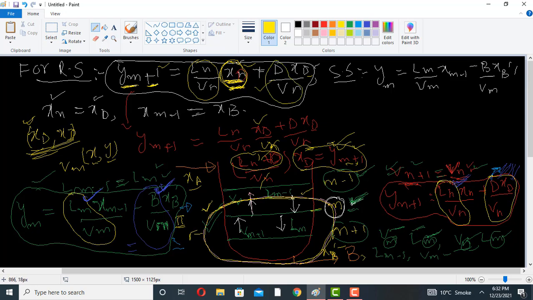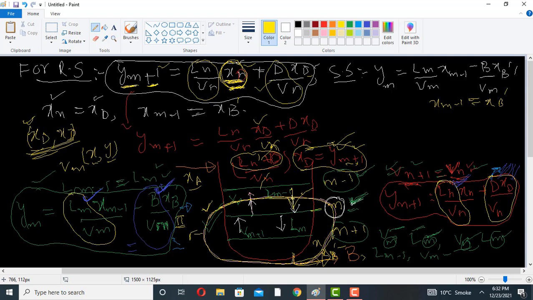Similarly, for the stripping case, when xn minus 1 is equal to xB dash, it means that the mole fraction of more volatile component leaving the plate is equal to the mole fraction of more volatile component coming out at the bottom, xB dash.